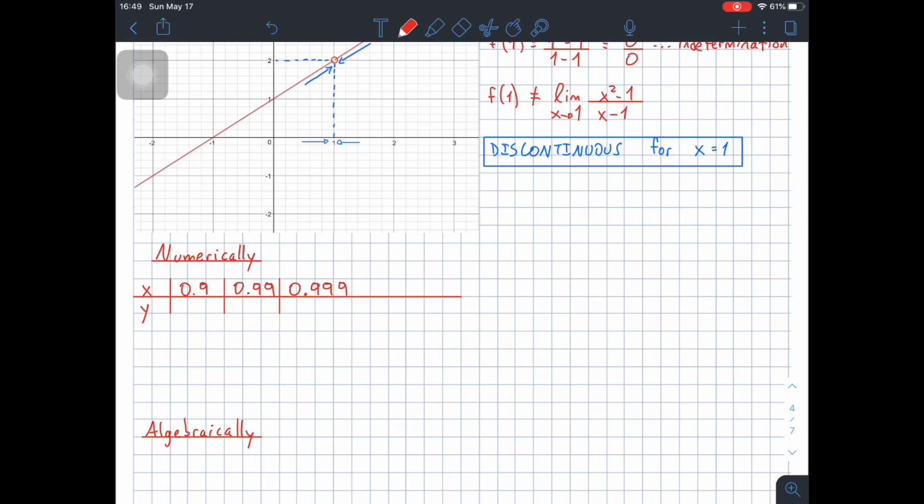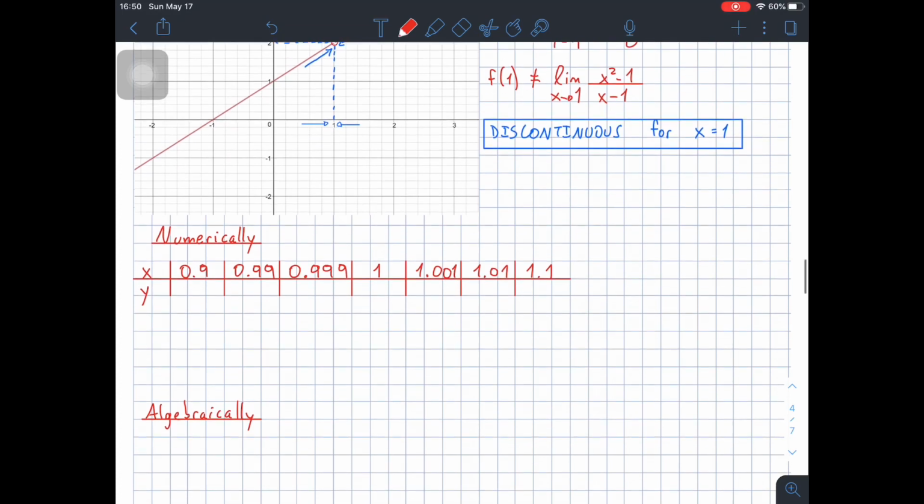You can keep on writing values if you want, but I'm going to write it up to there. Then we're going to analyze what happens at 1, and then we're going to approach from the right. So we're going to say 1.001, 0.001. Another value could be 0.01, and another value could be 1.1, right?